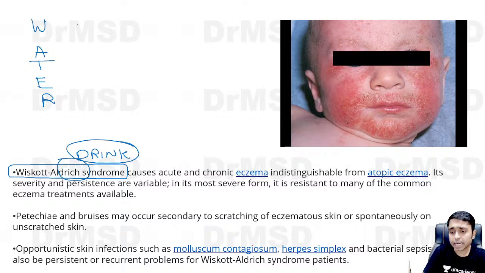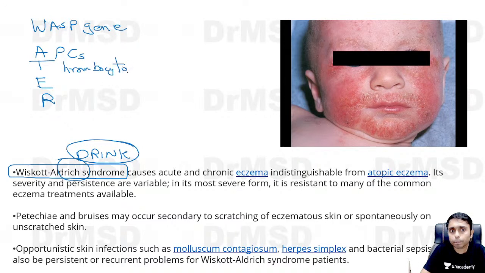W stands for WASP gene. In this Wiskott-Aldrich syndrome, there is a WASP gene mutation, and A stands for antigen presenting cells, which are defective in this condition. T stands for thrombocytopenia, that is low platelets, and E stands for eczema.